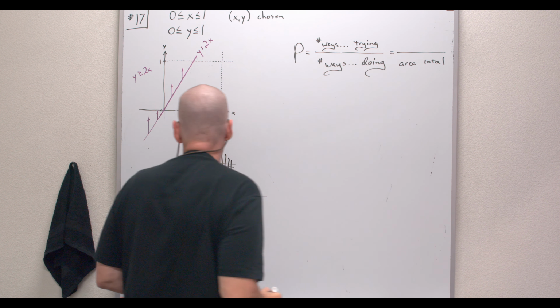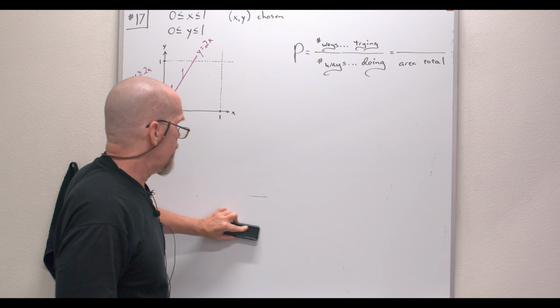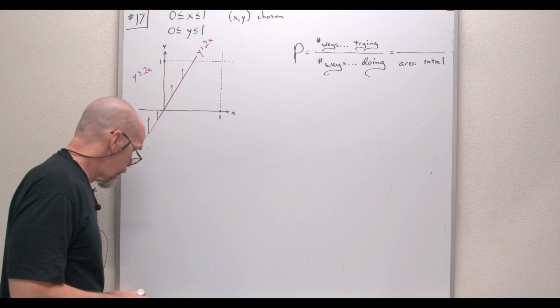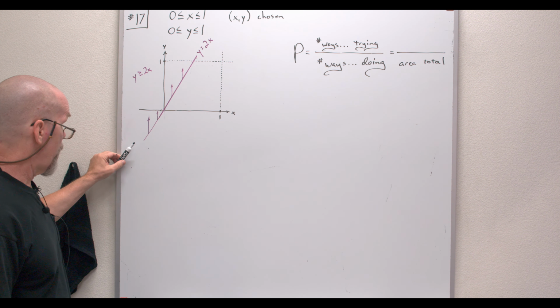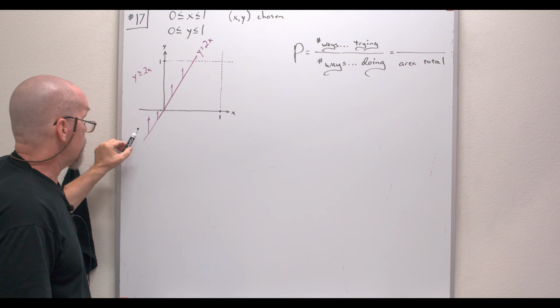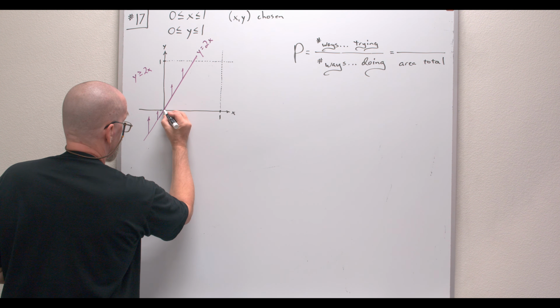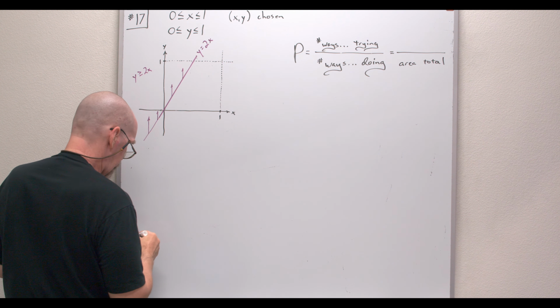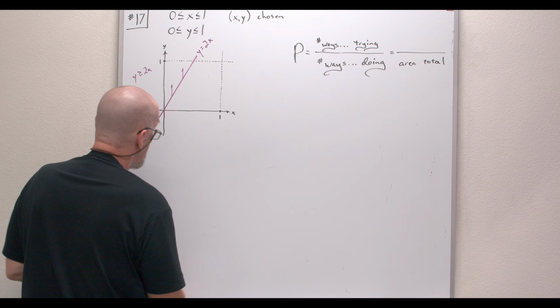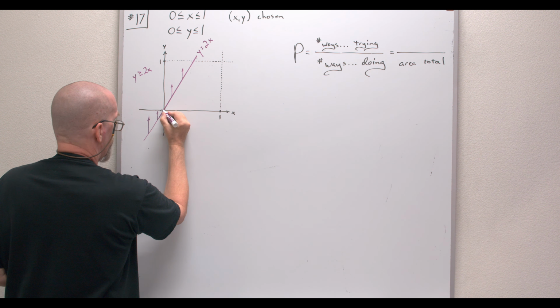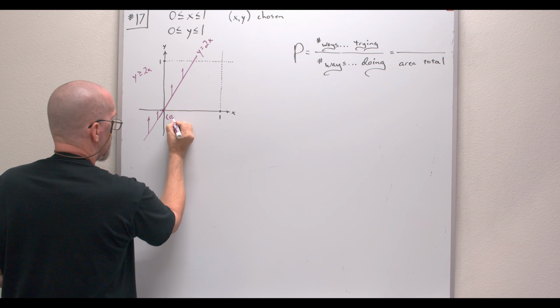We are concerned with or trying to make sure that our y value is greater than or equal to 2x. I had this line drawn right here. This is the y equals 2x line. We could plot points on it if we wanted to and just connect the dots. Like, for example, that point right there, that's the origin.